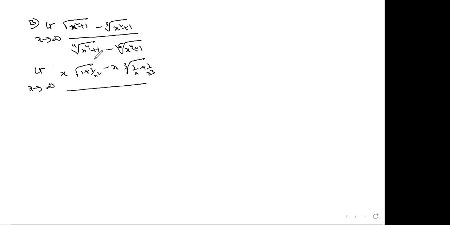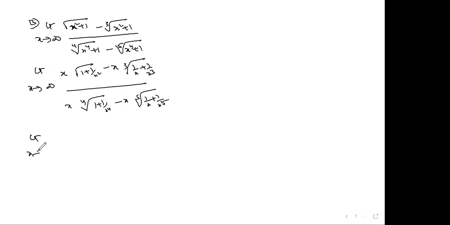And then in the denominator also, better take x to the power of 4 common. You'll get x outside. 1 plus 1 by x to the power of 4. Here x to the power of 5 you take common. You'll get x outside. Fifth root of 1 by x plus 1 by x to the power of 5 is left out. Taking x common and cutting it off, whatever is left out is there.